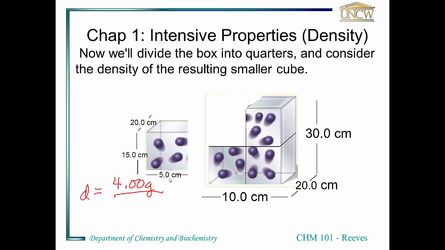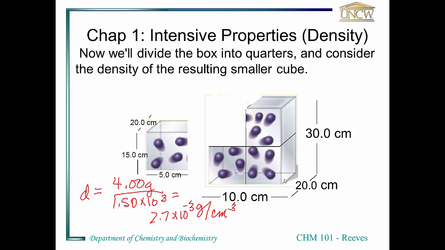Now your volume is 20 by 15 by 5, and that's 1.50 times 10 to the third, and that still turns out to be 2.7 times 10 to the minus 3 grams per cubic centimeter.